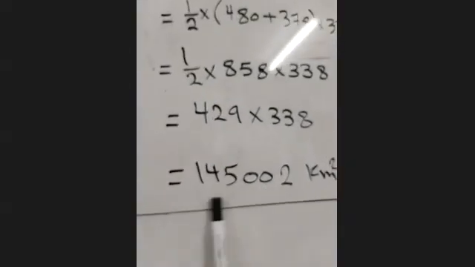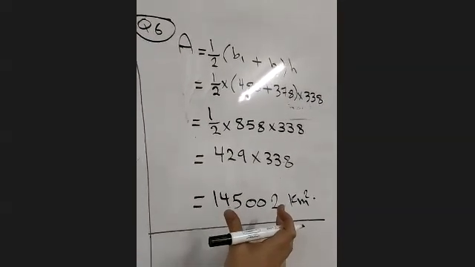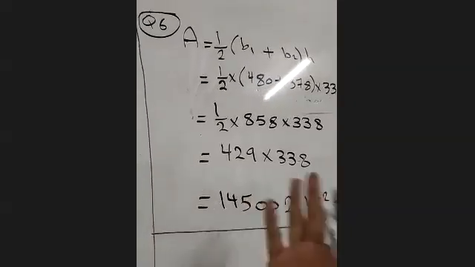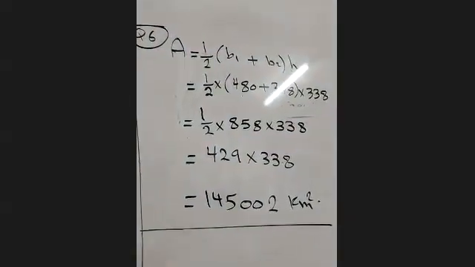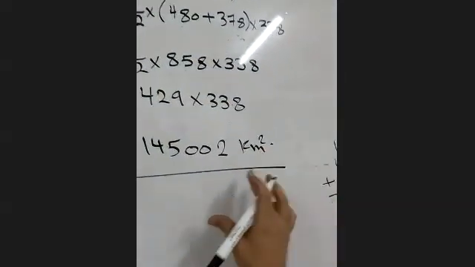Yes, the closest area. Which one is the closest area for my answer here? This area, guys, is not found in your answers. Got it? So what we will do is choose the nearest one, because from the first we have a deal that this is not the exact area. This is an approximated one.